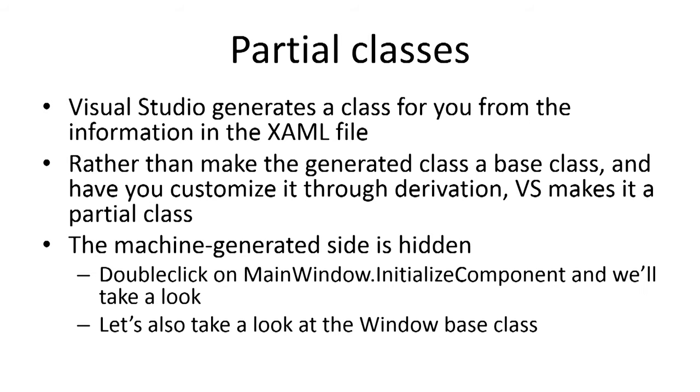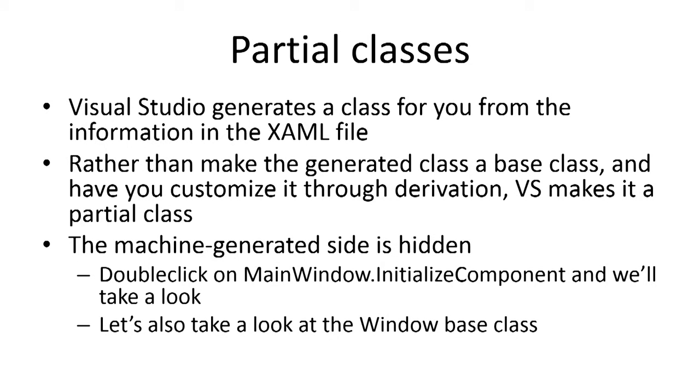Partial classes are a feature of C# that was specifically introduced for this kind of scenario. The idea is that Visual Studio is going to generate a class for you based in part on the information that's in the XAML file, rather than make the generated code a base class and then say, well, your user code that you are going to write in this WPF application all gets to be methods in the base class. Instead, what Visual Studio has done is said, it's all going to be one class.